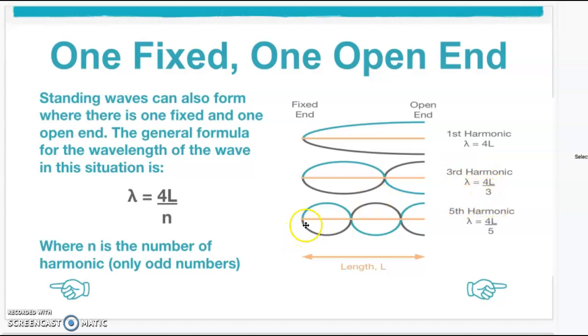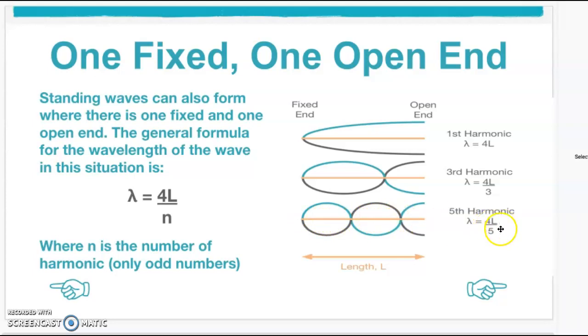Similarly here, we have a length for our 5th harmonic, which includes 1, 2, 3, 4, 5/4. Let's split that length into 5, and you've got L over 5. Now if I multiply this L over 5 by 4, 1, 2, 3, 4, I've got a full wavelength.